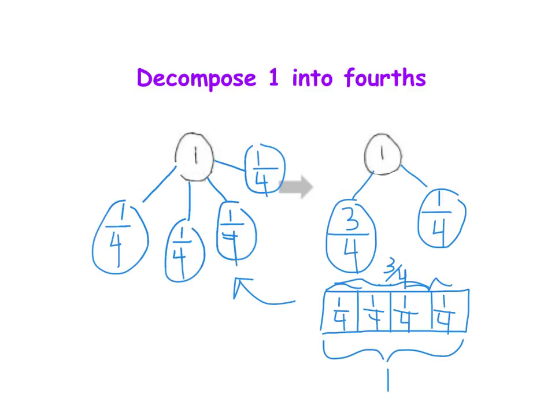And here's my 1/4 left over. So I was able to decompose my one whole into 2 parts, having one part 3 copies of my 1/4. So here's my 3 copies, 1, 2, 3, that's 3/4.